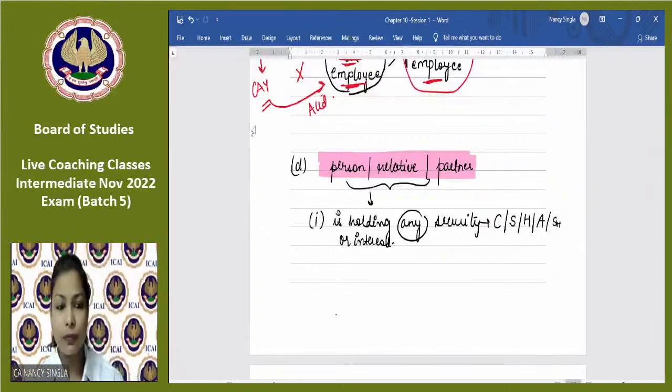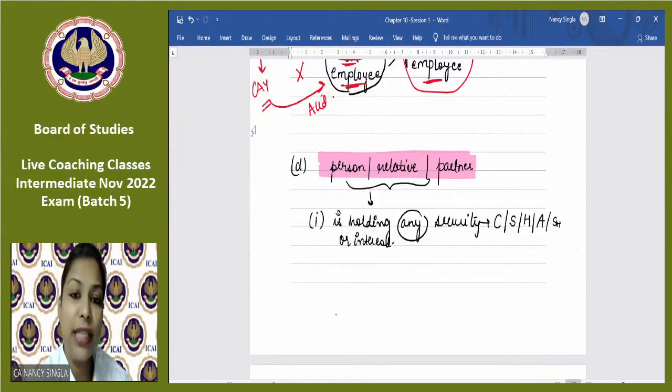Is it clear? Now, the fourth, that is clause D of section 141, subsection 3.